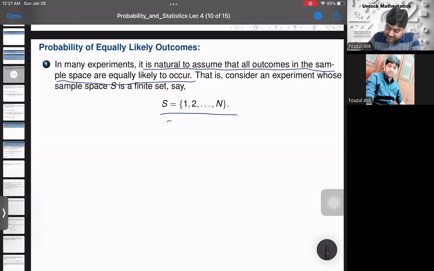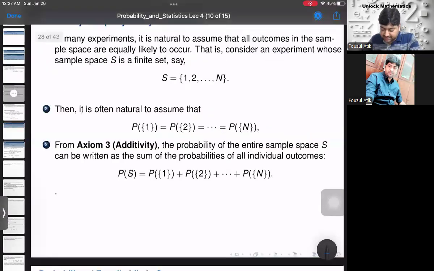So that means basically S is equal to the union of these singleton sets, right? And it has n number of outcomes. And because they are singleton sets and they are the different outcomes of the sample space, they are mutually exclusive sets.